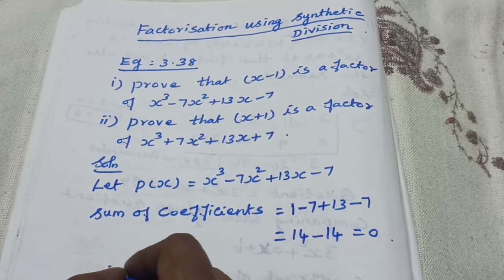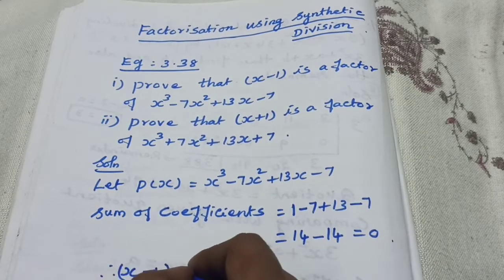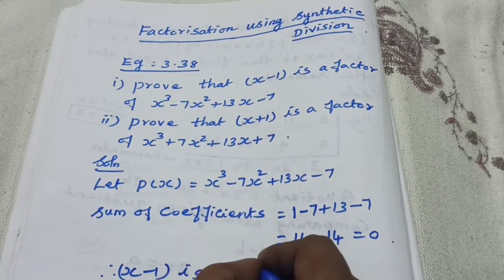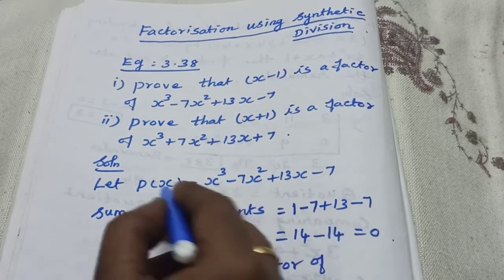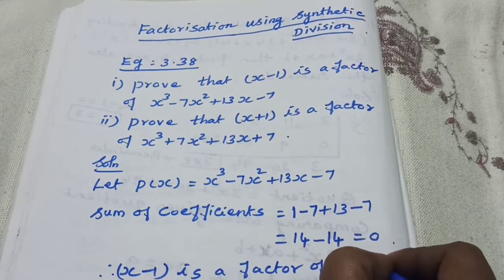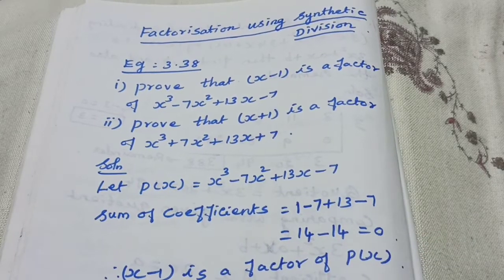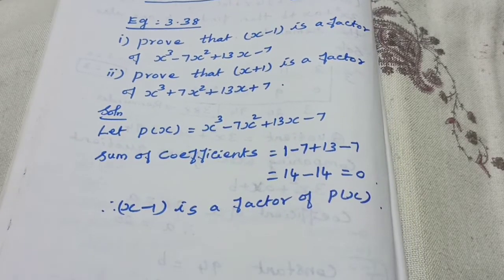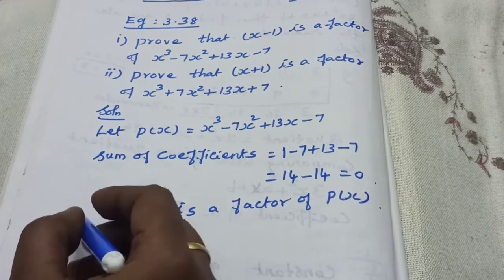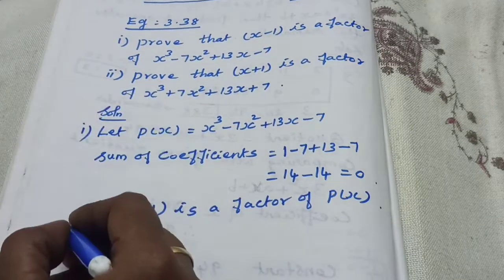Therefore, x minus 1 is a factor of p of x. This is the first question. Then the second one.